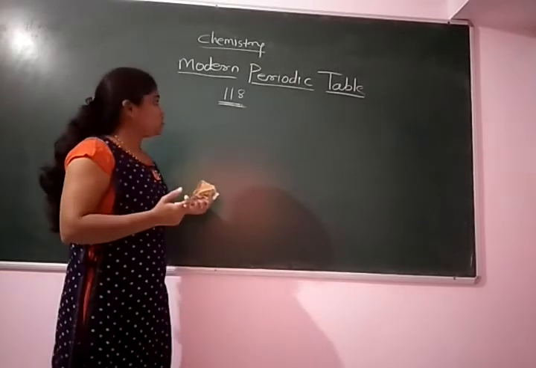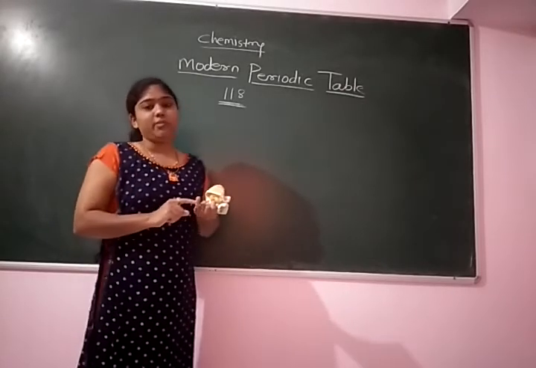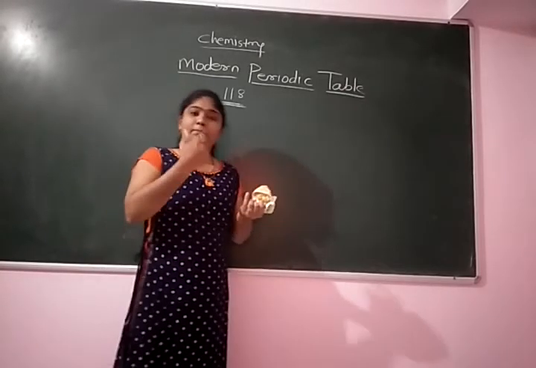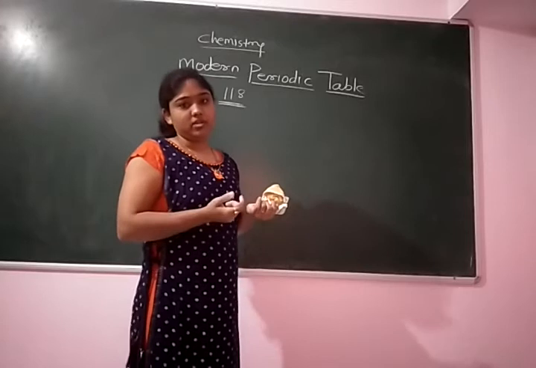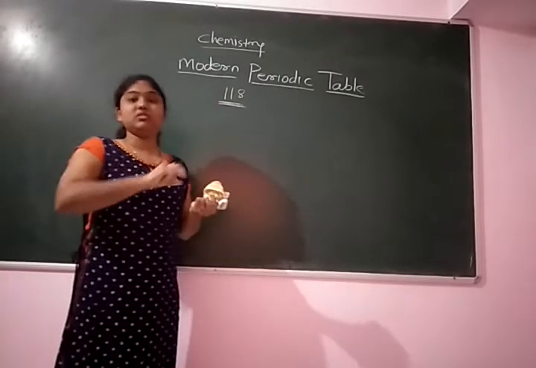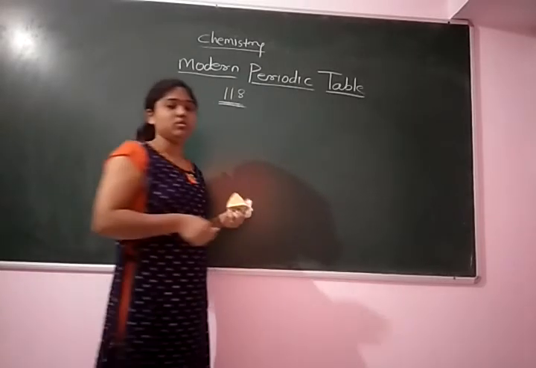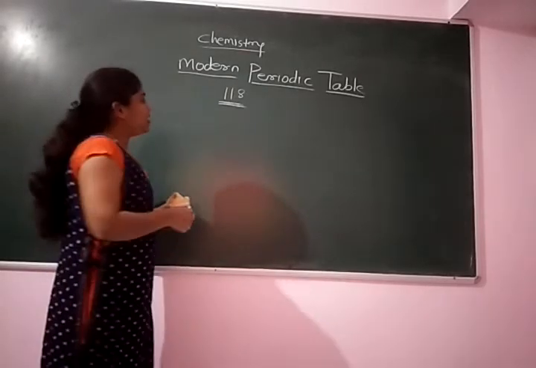So in this topic we have to discuss the classification of the elements, then the periodic table, the modern periodic table, and then the physical and chemical properties and their variation.